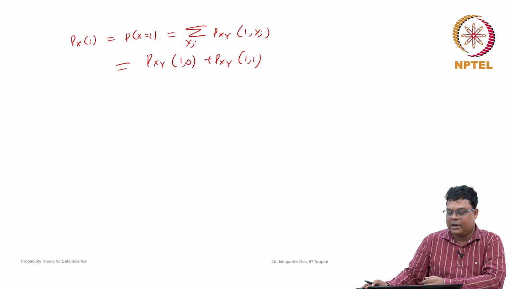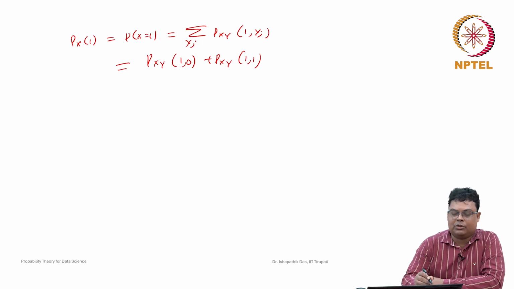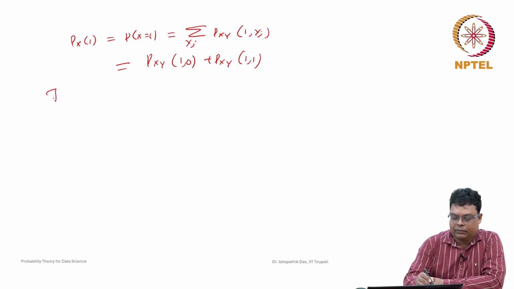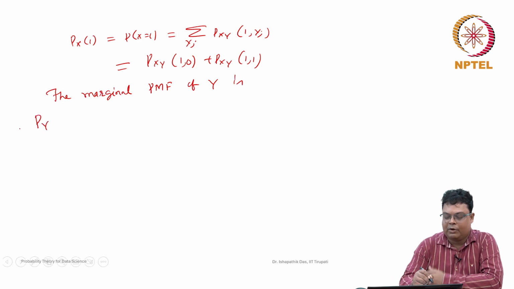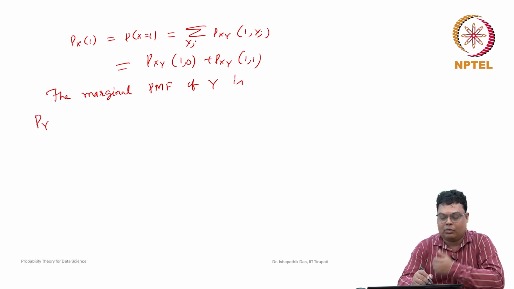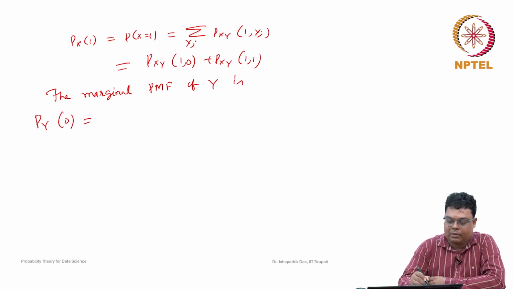Now, how can we find the marginal probability mass function of Y? We will find p_Y of y_j. There are two values Y can take. First we find Y equal to 0. We take the sum over the x_i values, fixing this coordinate the same.